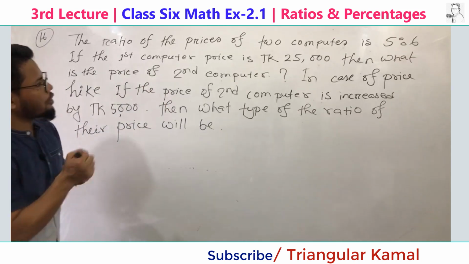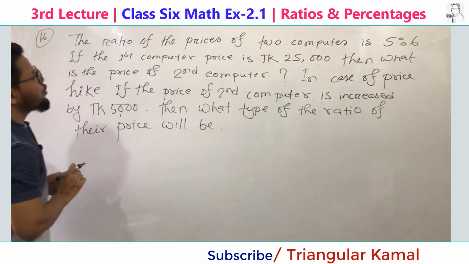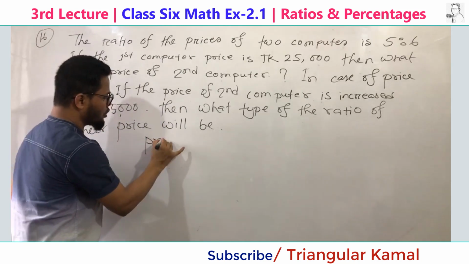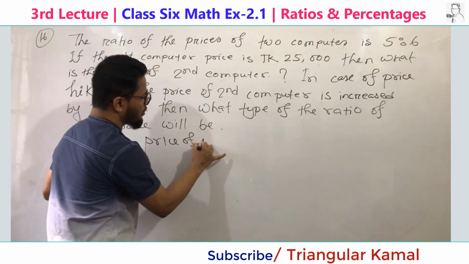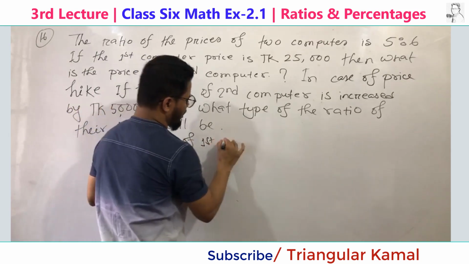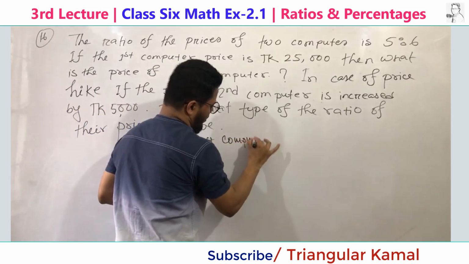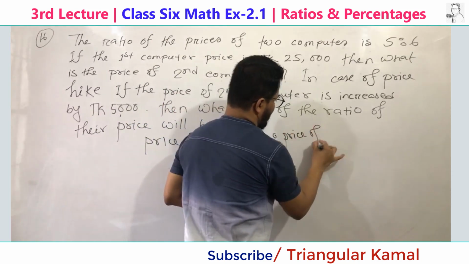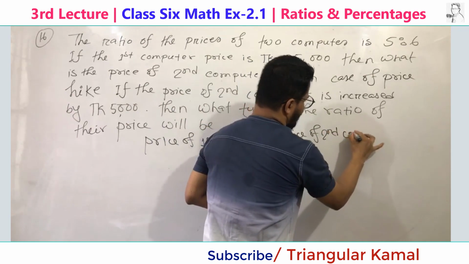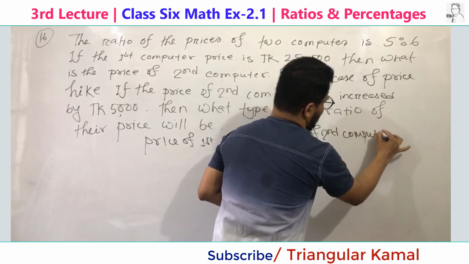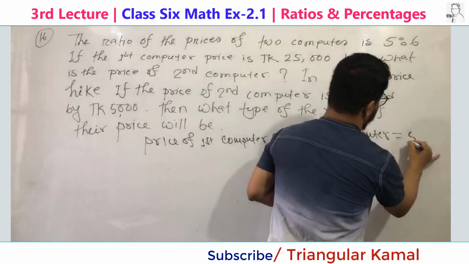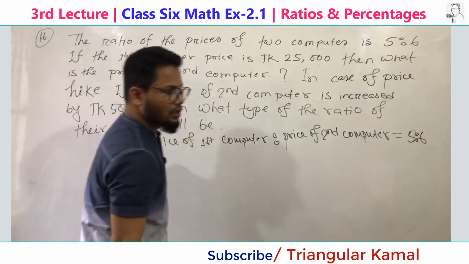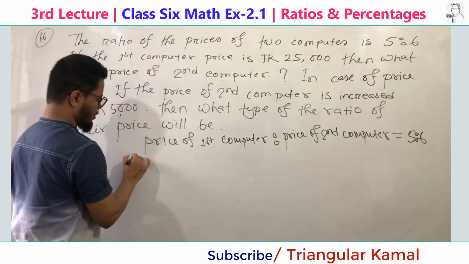The first computer price: which information is given here? The price of the first computer. So the solution: the ratio of the price of the first computer to the price of the second computer is 5:6.